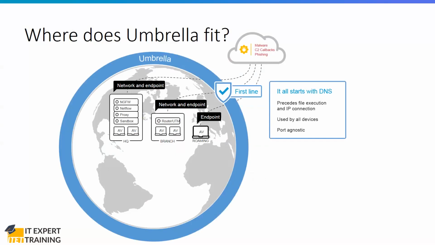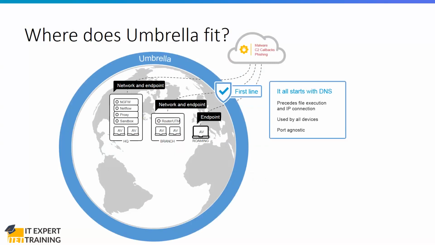Then it goes to the internet. If the user comes out from your premises, it's only the antivirus. Like the roaming user, they are not part of your internal networks. Now they are coming out from the network, so all the roaming users also have antivirus as the endpoint security, right?